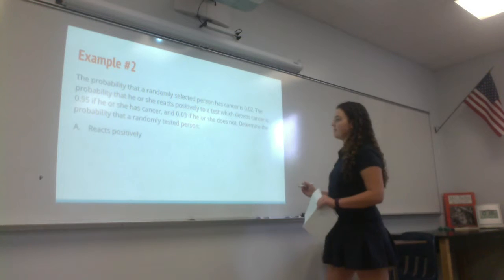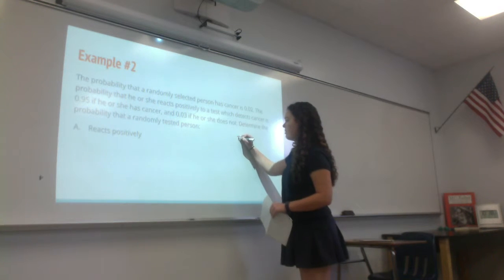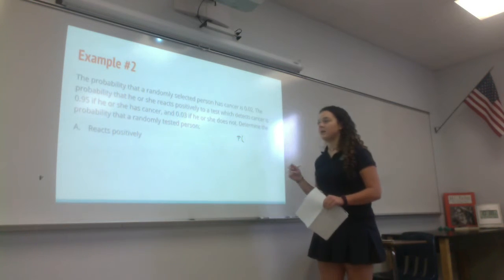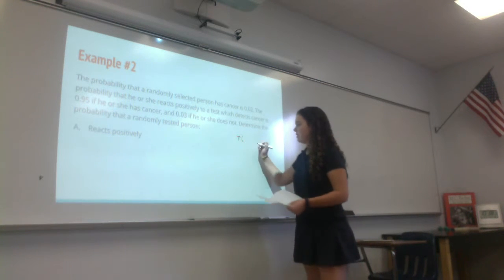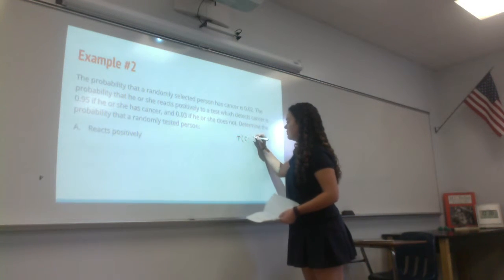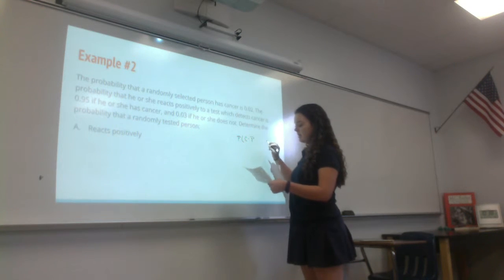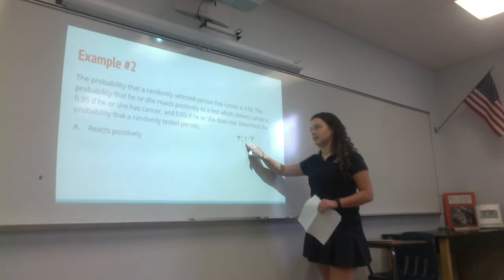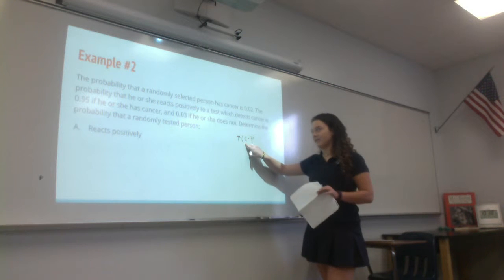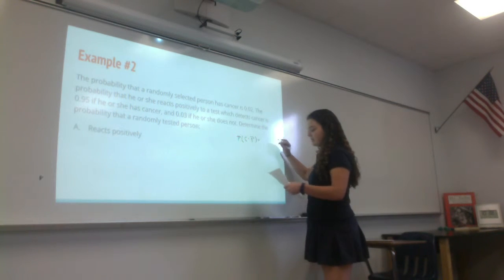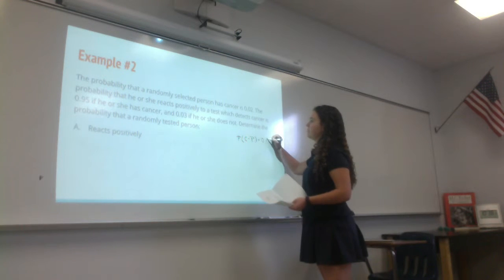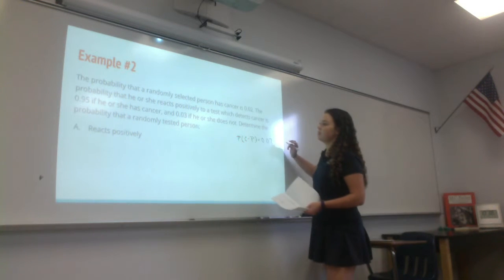So first we have to find the probability of them reacting positively to the test if they have cancer, and that's going to be C times P, because we will be using C as having cancer and P as testing positively. And so that's going to be 0.02 times 0.95.